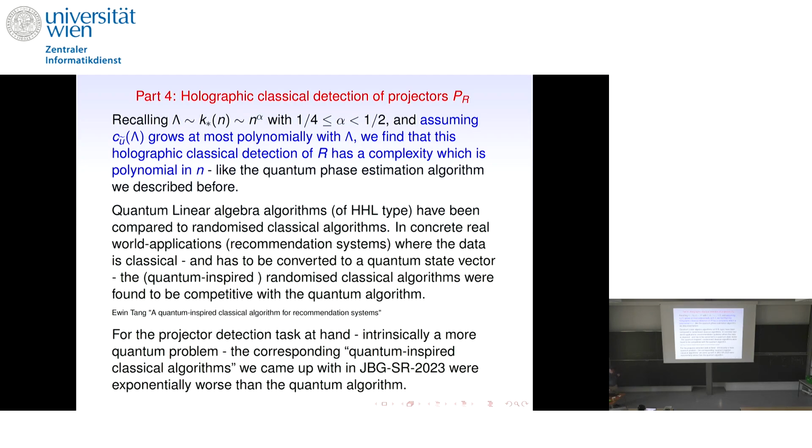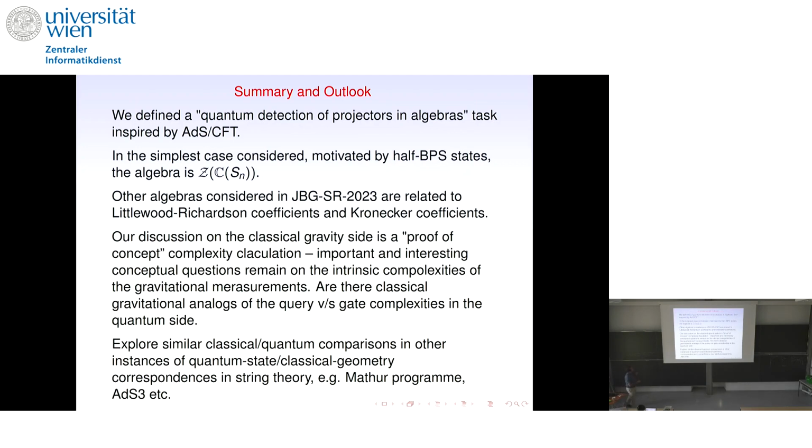So that's the story. To summarize, we've defined a quantum detection of projectors in algebras task. Very general associative algebras, whether they're commutative or non-commutative, always have a projector-like basis.